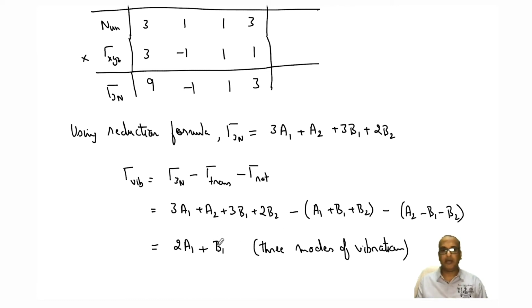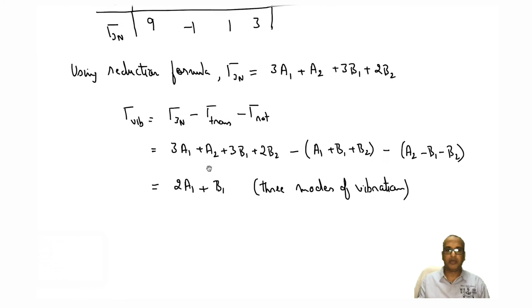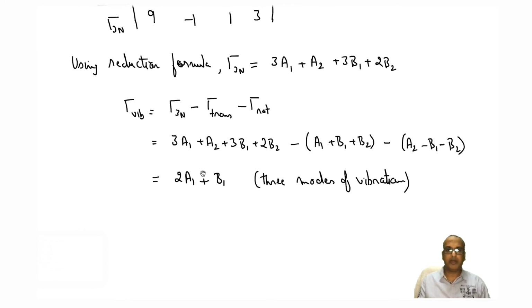That we will look at later in the next lecture. But at least now we know how many lines are expected if we record the vibrational spectrum of a molecule. This is purely theoretical, but without having to record the vibrational spectrum, you know beforehand that you must be getting 3 lines, right? Because there are 3 modes of vibration.